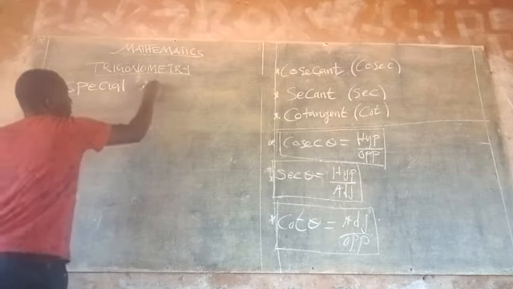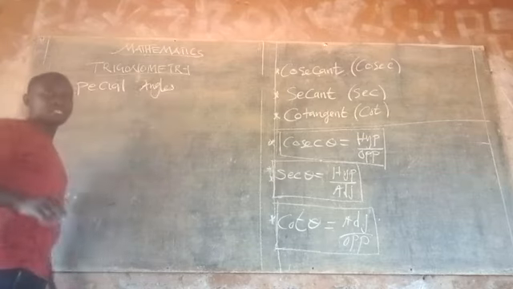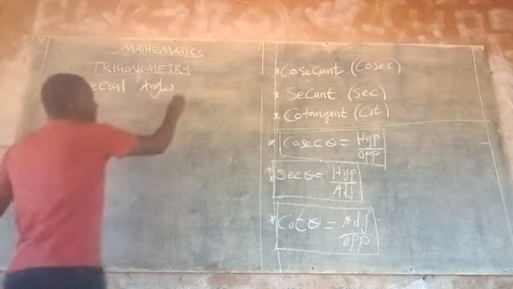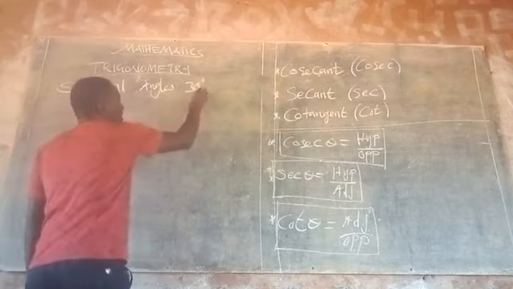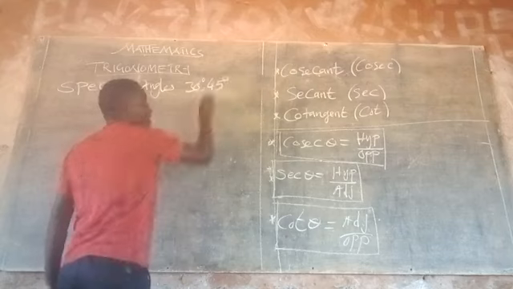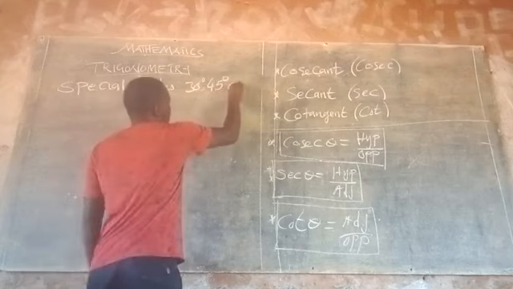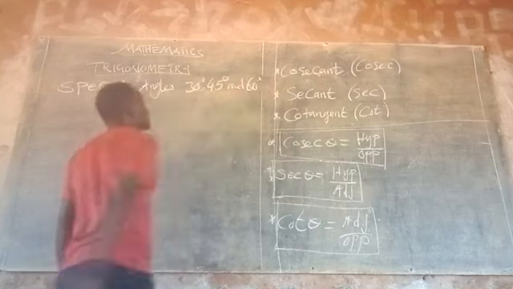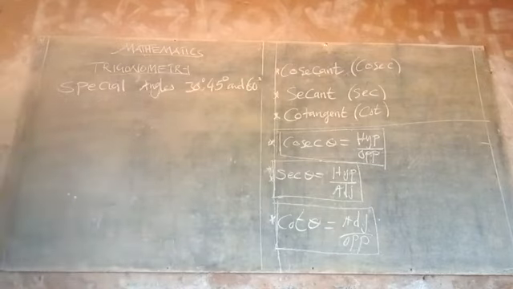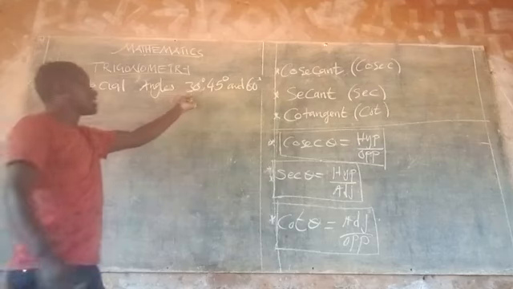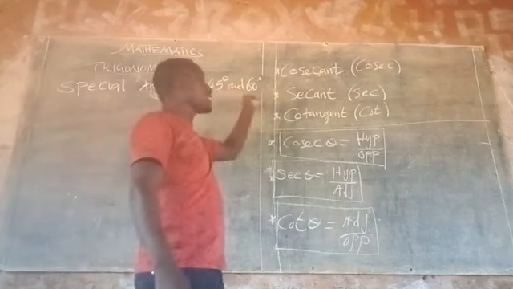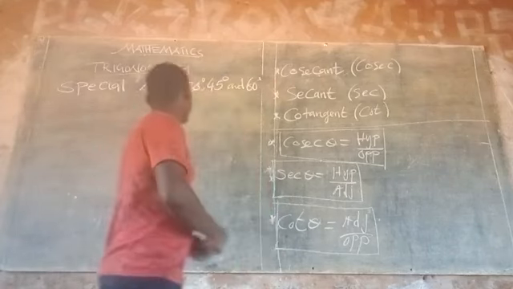These special angles, we have the 30 degrees, 45 degrees, and the 60 degrees.